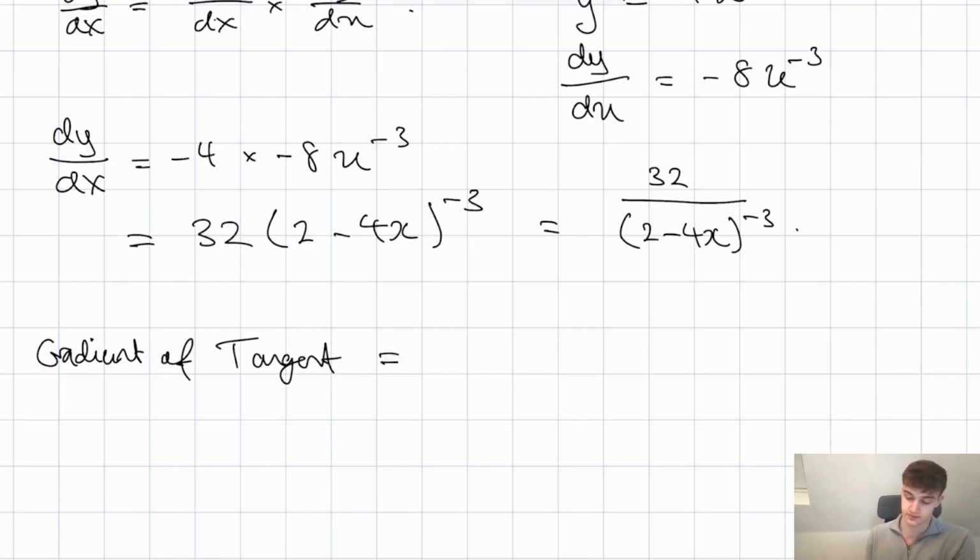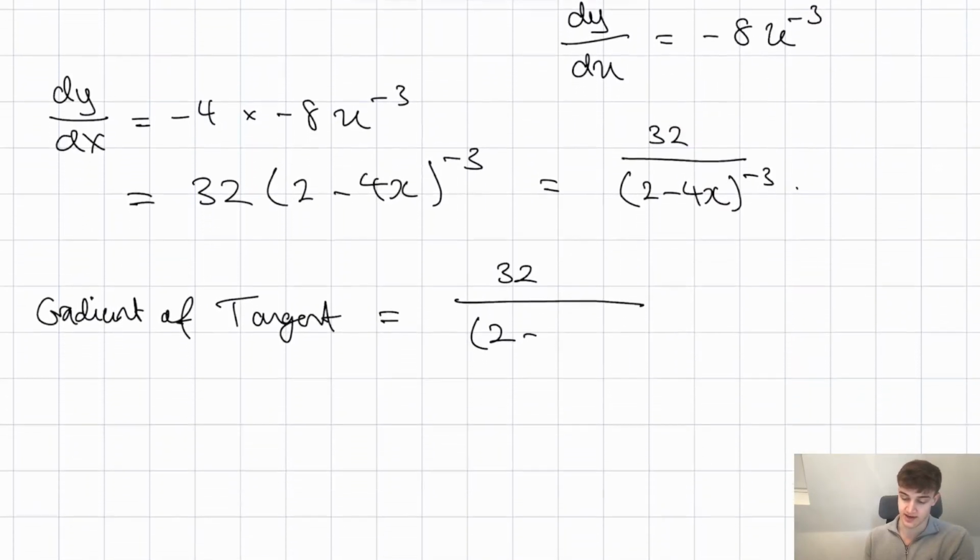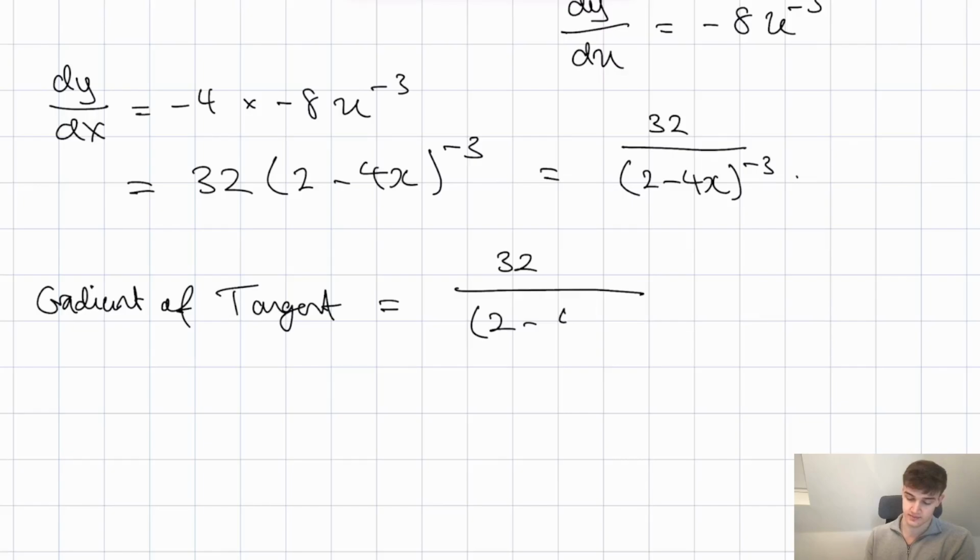is equal to 32 over 2 minus, so at what point are we doing it? We're doing it at point A. So that's when x is 3. So 4 lots of 3. Sorry, that should have just a cube. Okay, so this is going to be 32 over 10 cubed, or 32 over 1,000.